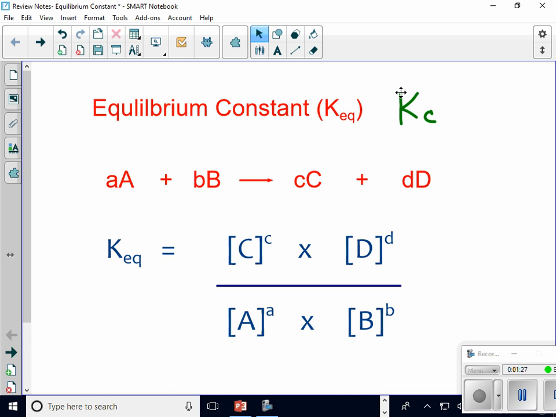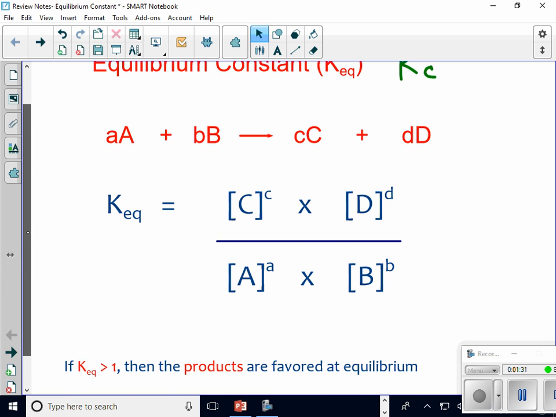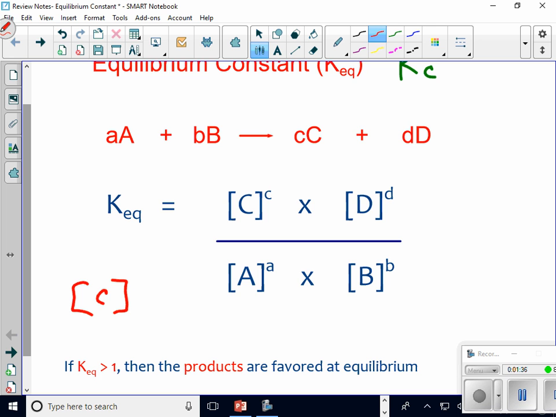So as I am looking at this, the very first one here, this bracket C means the concentration of whatever product C is. And we take that to the C power. So whatever coefficient is in front of it is that little c.